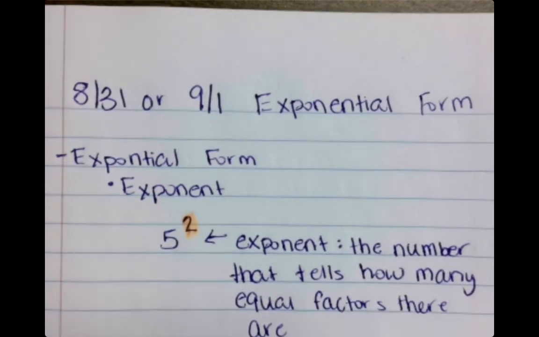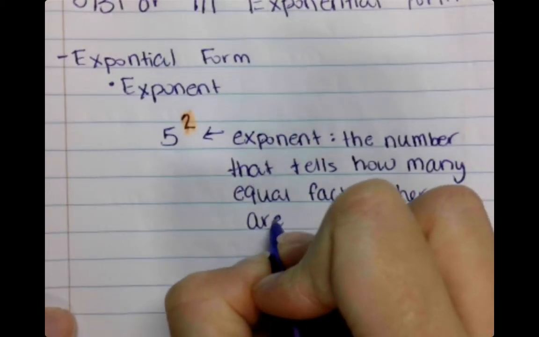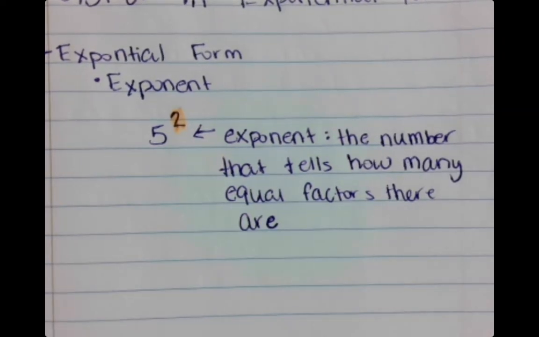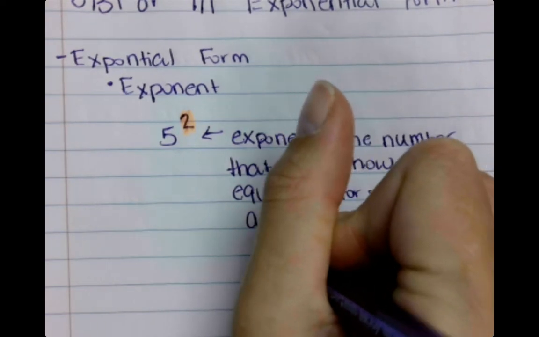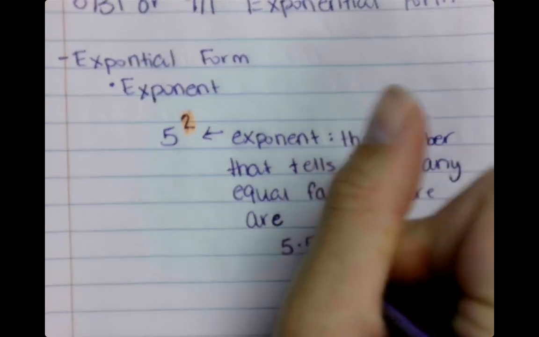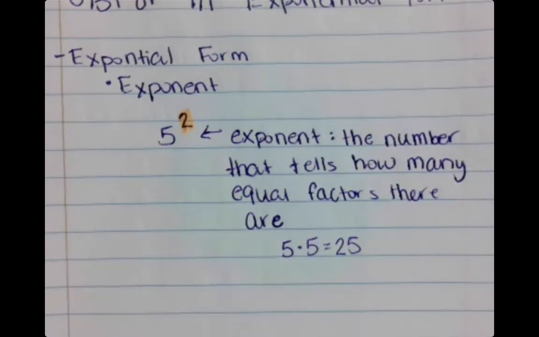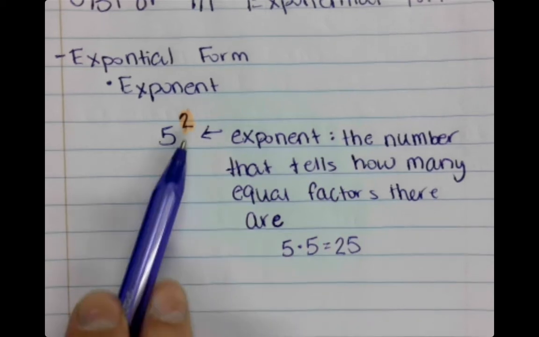Remember, factors are things that multiply together to get a number, right? So if we're talking about 5 squared, that means that you would have 5 times 5 equals 25. Does that make sense how we got that? Equal factors, there are 2 of them.